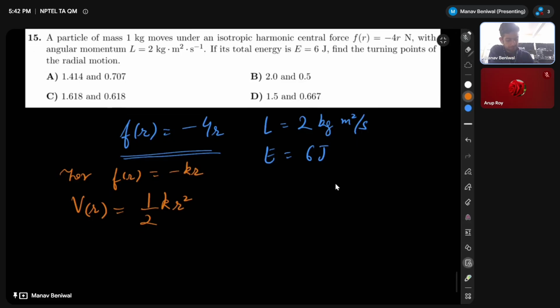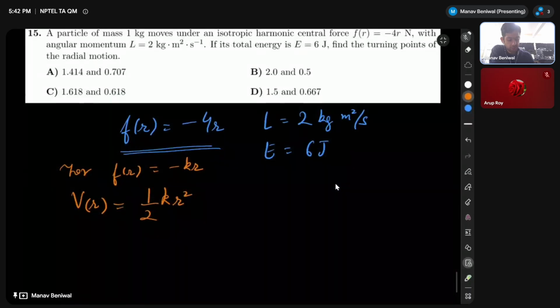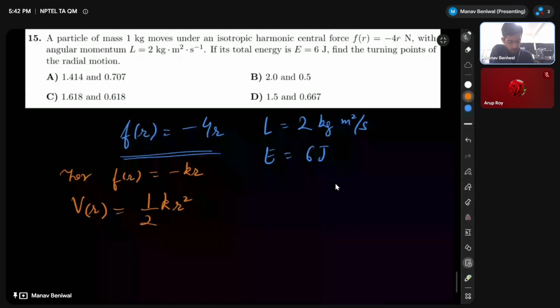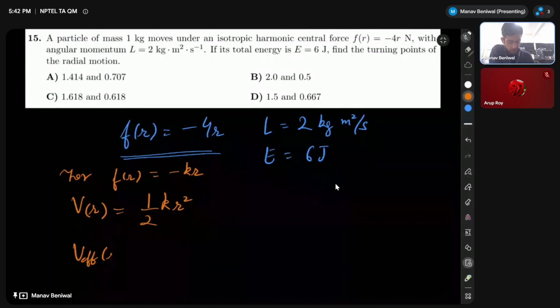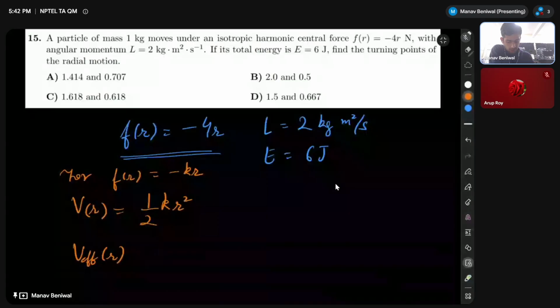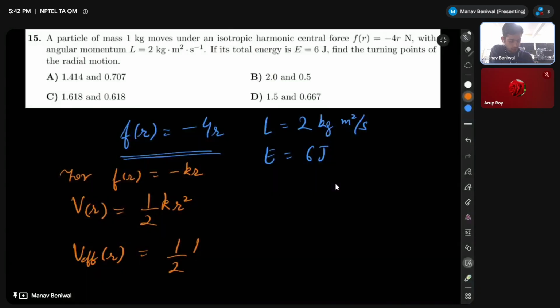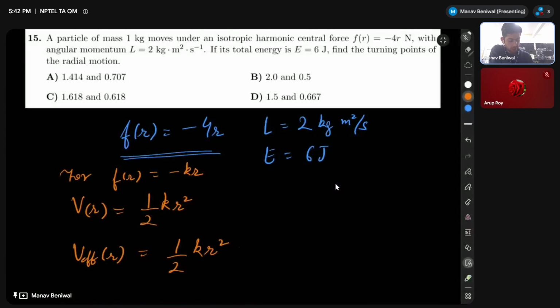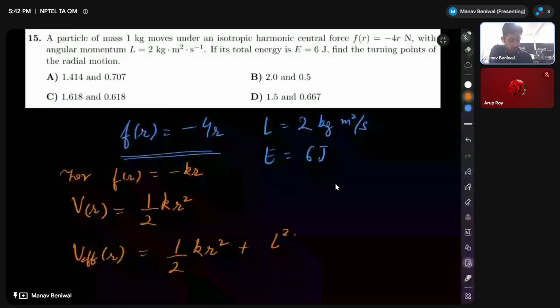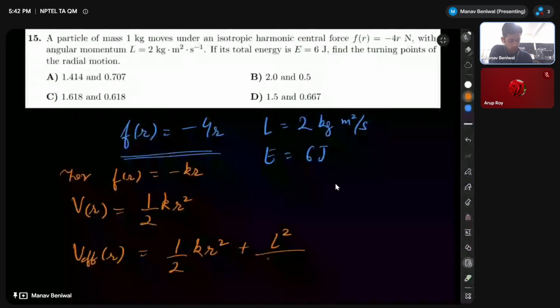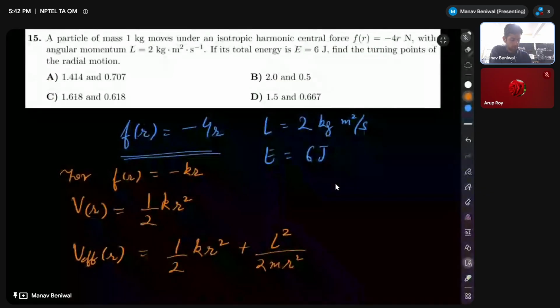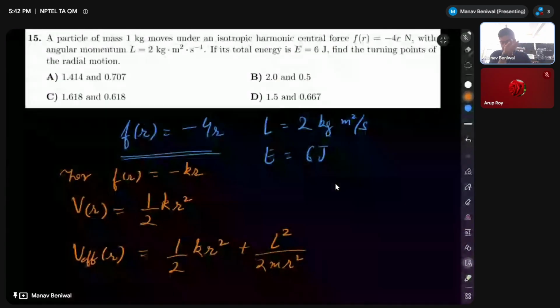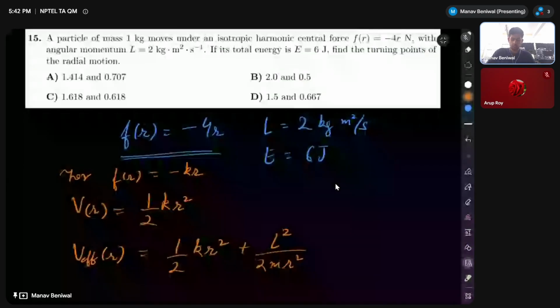Now because this is a radial force, we can write out our effective potential V effective of r, that will be nothing but half k r squared, which is our potential, and the angular momentum centrifugal term, L squared over 2 m r squared.